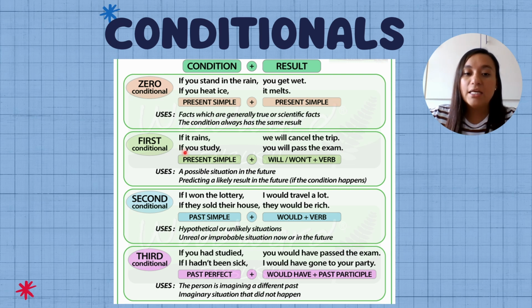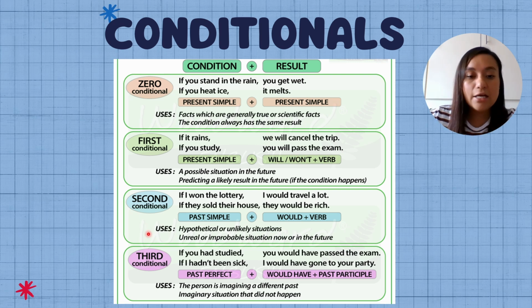So we have, if it rains, this is present simple, we will cancel the trip. Here we have the future simple. If you study, present simple again, you will pass the exam. Future simple. You see present simple and future simple in the first conditional.